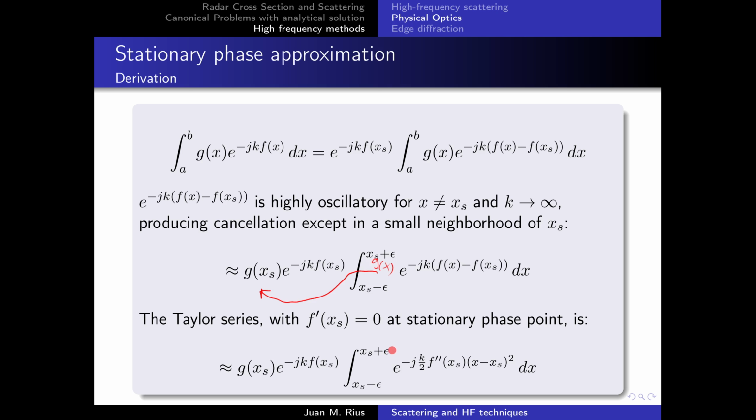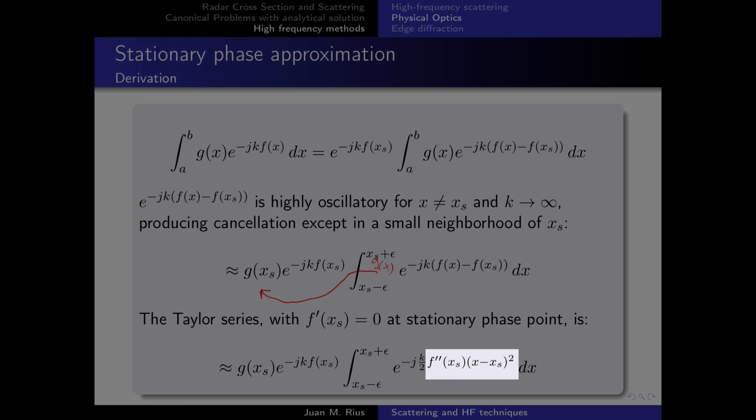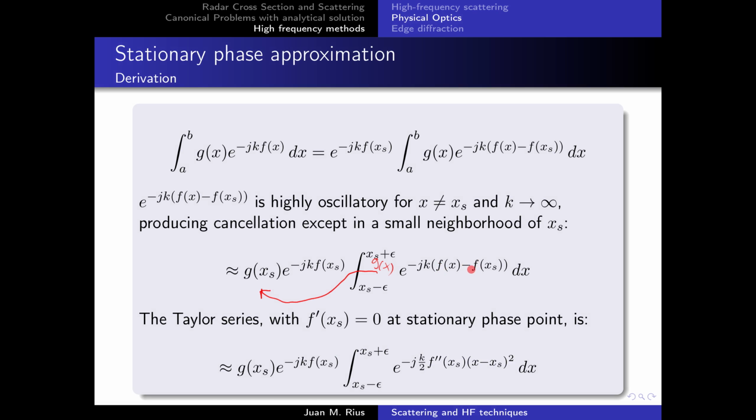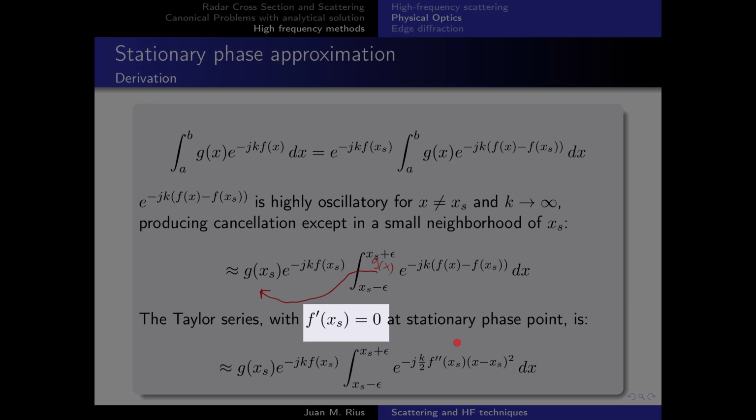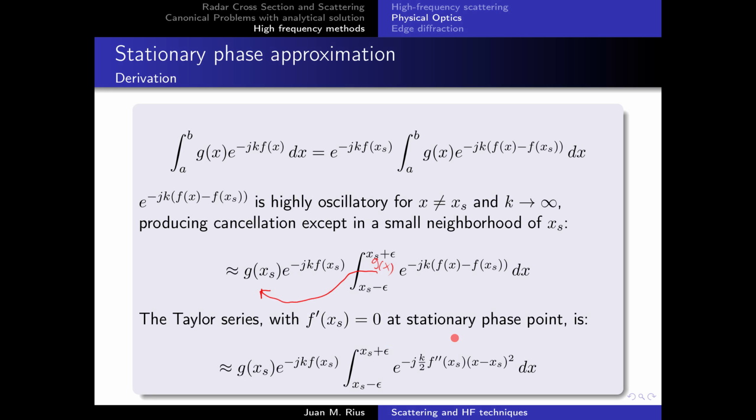The Taylor series of f centered at xs is f(xs), which is already subtracted here, so it doesn't go here, plus the derivative of f at xs, which is 0, so this term vanishes.